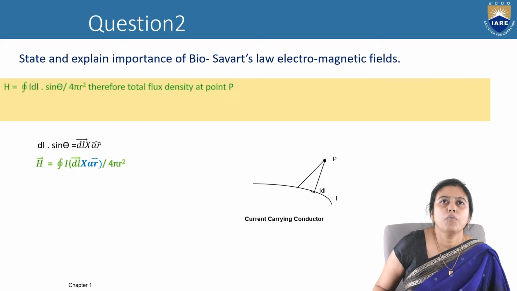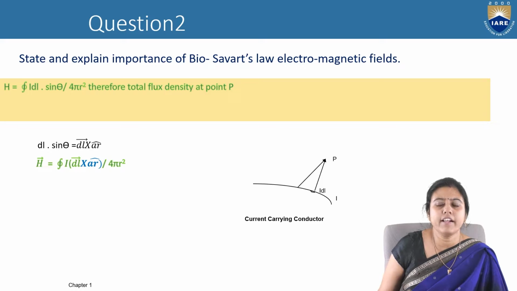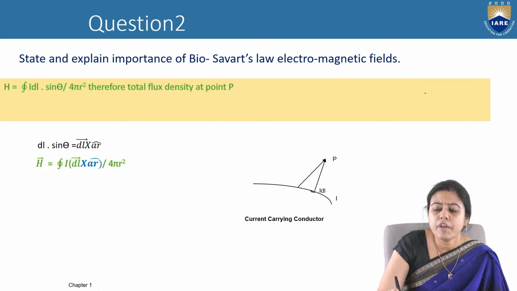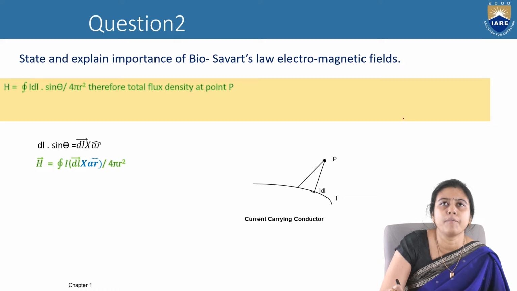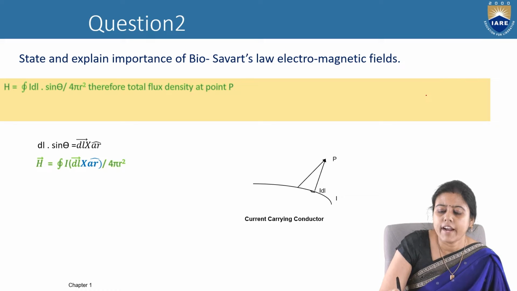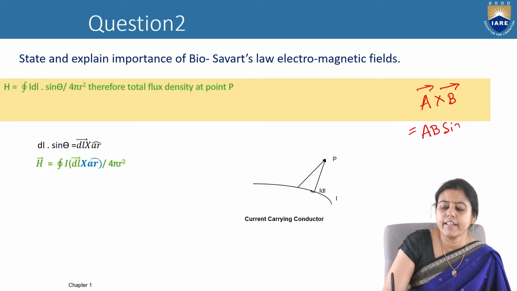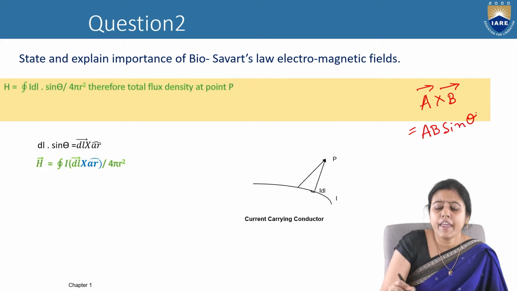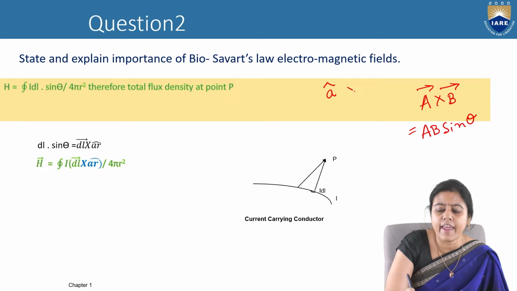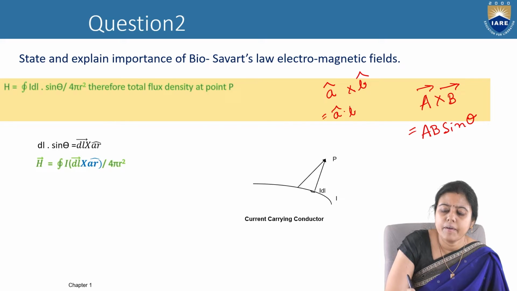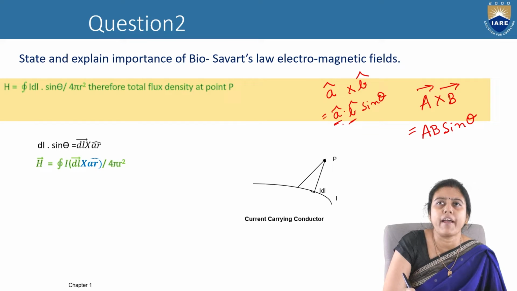Now we already got H is equal to IDL sin theta by 4 pi R square. If we want to write it in vector form, what will happen? We know that A cross B is equal to AB sin theta. If we take the unit vectors A and B, it will be AB sin theta, and as these are unit vectors, the magnitudes are 1.